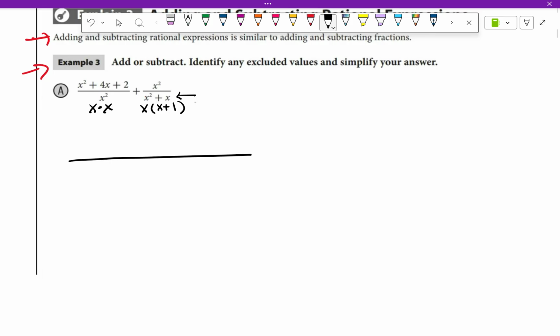Same process we were doing before. I am going to write the LCD and circle what matches. So what matches in both denominators? One single x. When I circle it in blue, how many times do I write it down? Once.